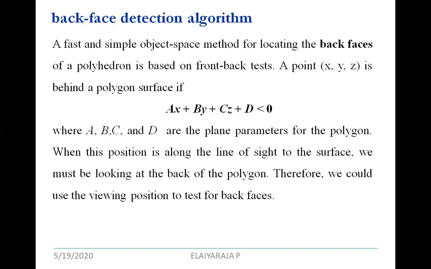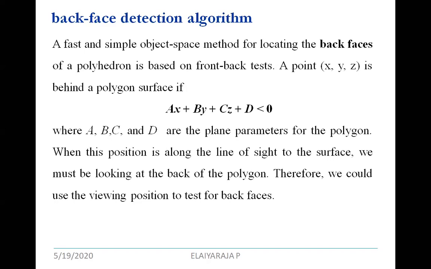So basically, in the backface detection algorithm, listen carefully. The idea is to check from the viewer point to the object whether the value is less than 0 or greater than 0. If you take the example of a triangle, the triangle will be facing away from the viewer when the camera looks at it.